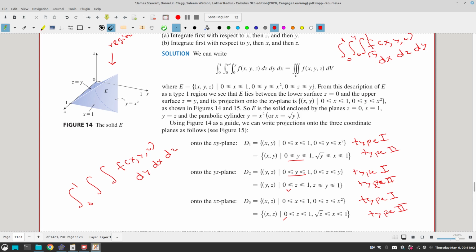The thing is that we don't want x being between two values of y. Why would that be a problem? Because we've already integrated with respect to y first, and if x is between two values of y, we'll be bringing back y. We don't want that to happen.